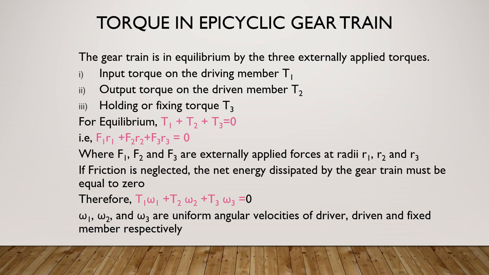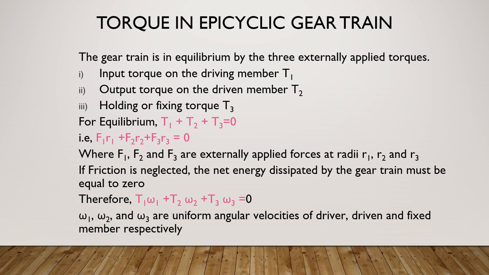So T1, T2, T3. In the equilibrium condition, the sum of these three torques should be equal to 0, and it will always be equal to 0. If it is properly designed, the input or driving member torque, the output or driven member torque, and the holding torque, if you add these three, will be equal to 0. Now, what is torque?